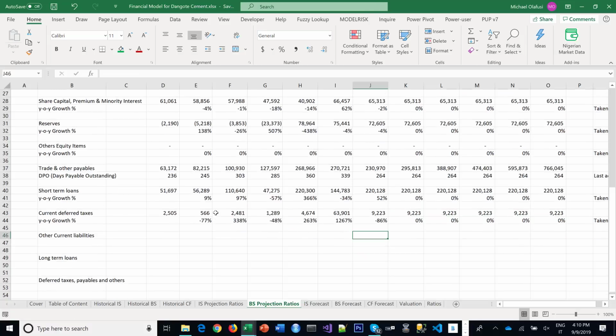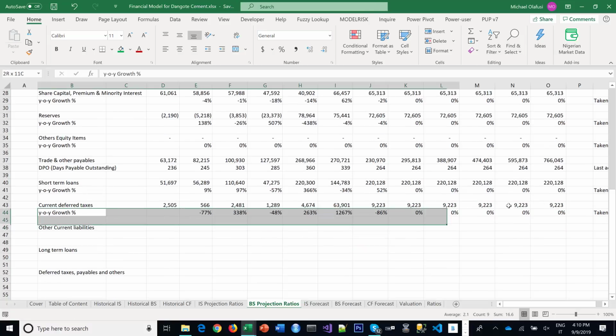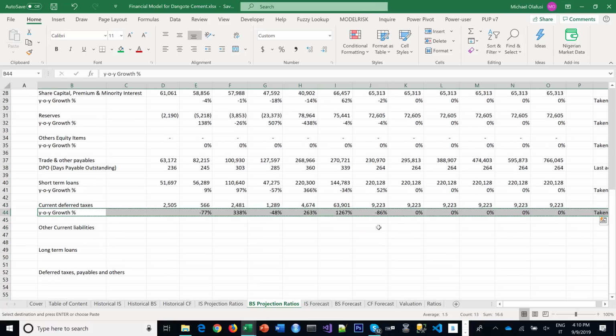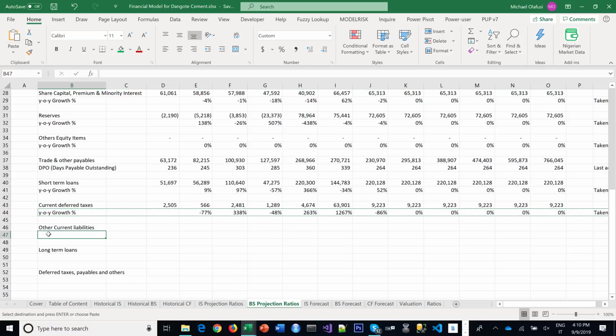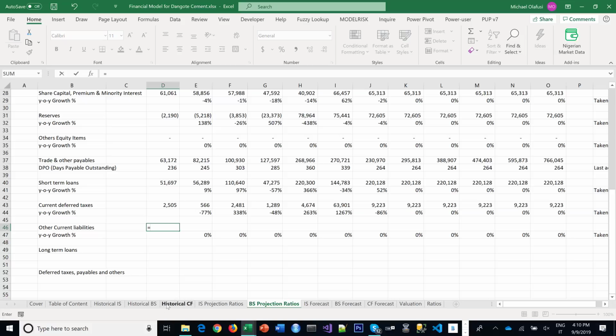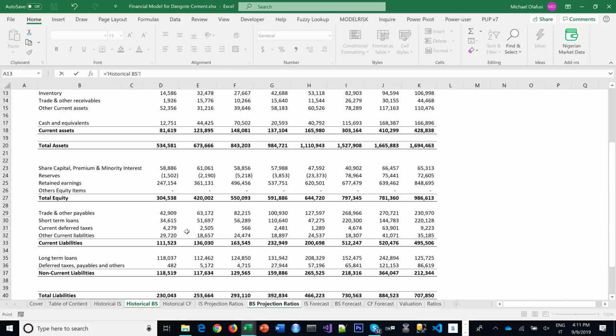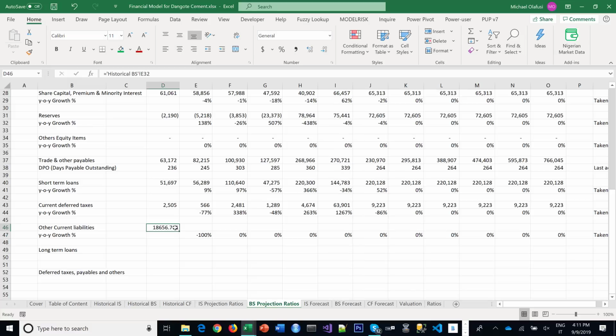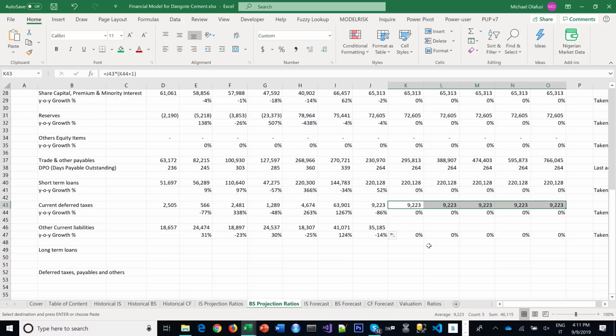Likewise for other current liabilities, I'm going to keep it as it is on the last actual year.